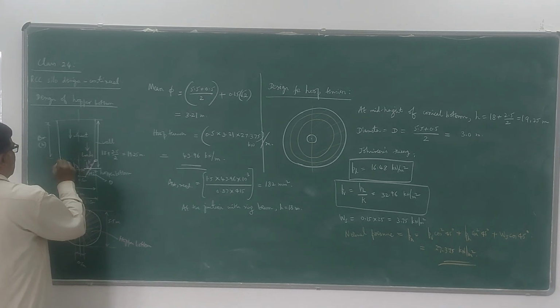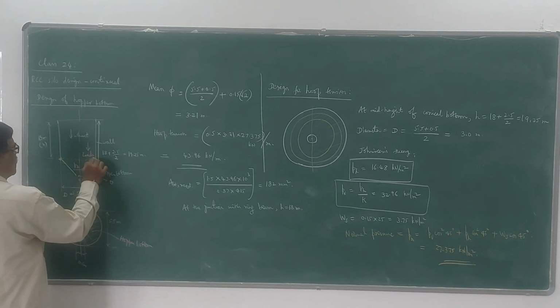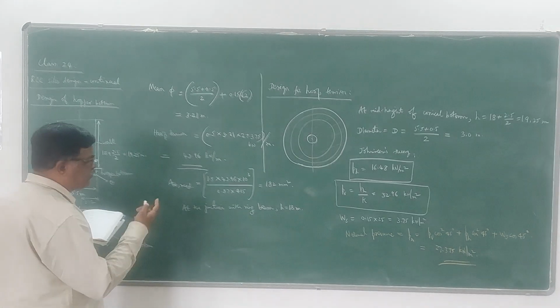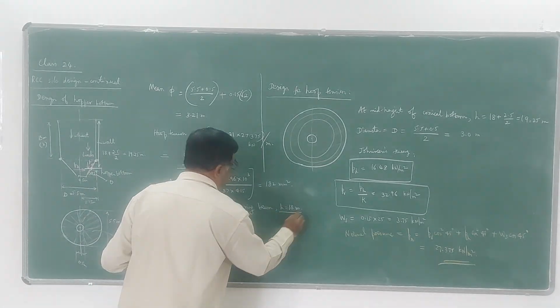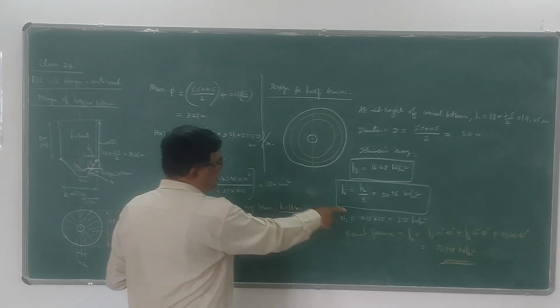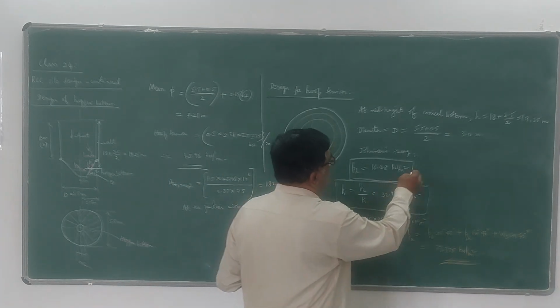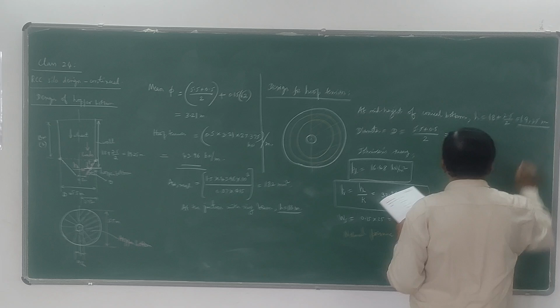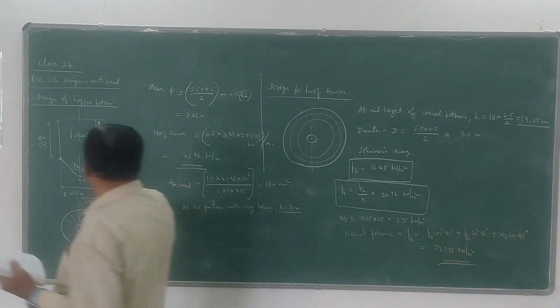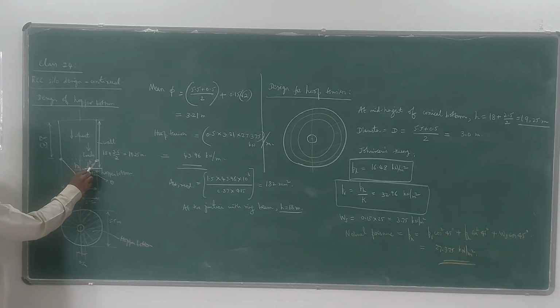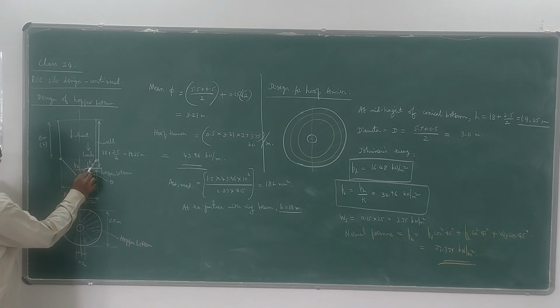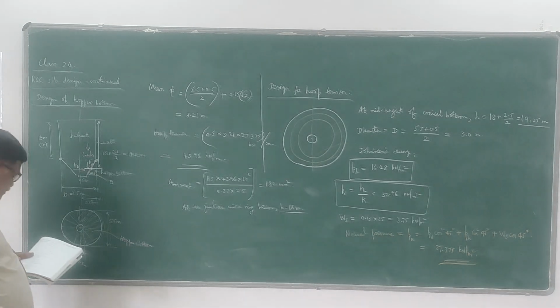Ring beam will be there throughout. So at this junction, what is the reinforcement? We have to take H as 18 meters, whereas for the earlier case it is 19.25 meters, that is at the mid. So we are going to calculate the hoop reinforcement at the mid of the hopper bottom as well as at the junction here. So it will be different here.